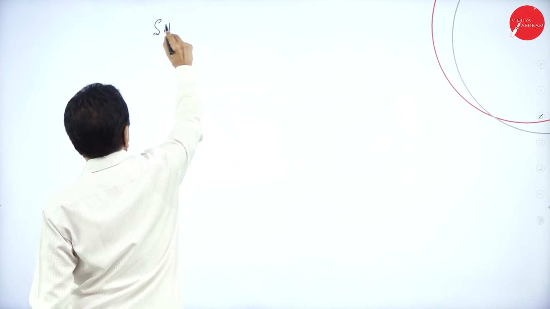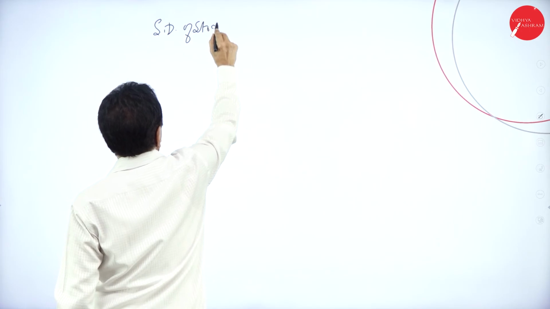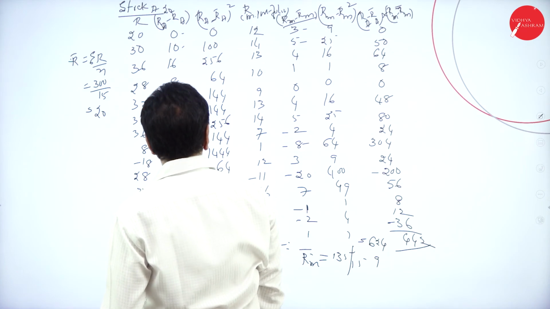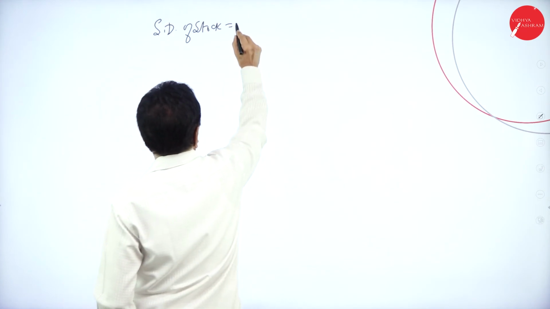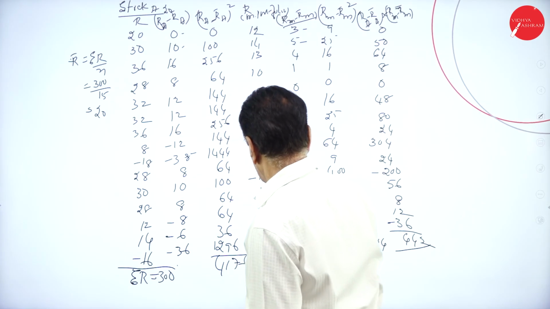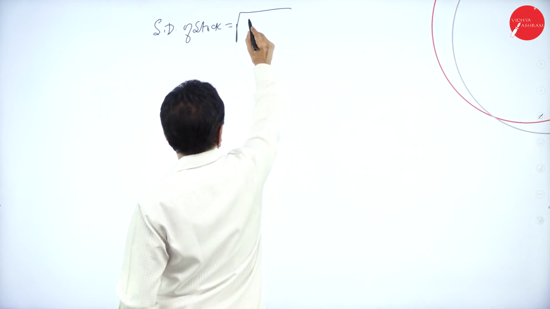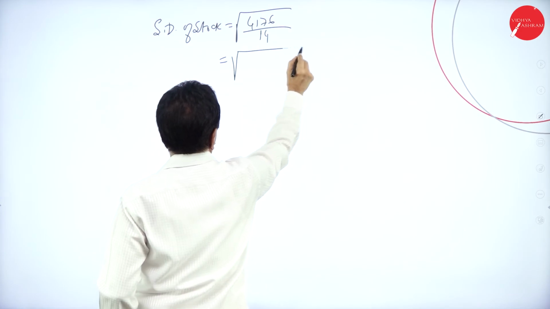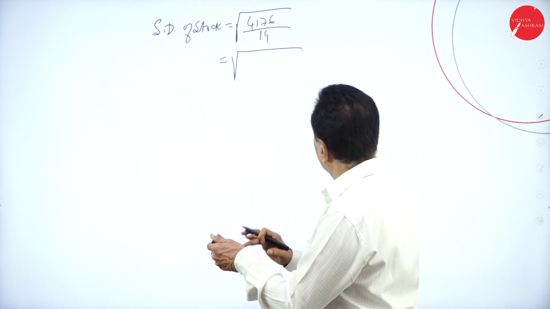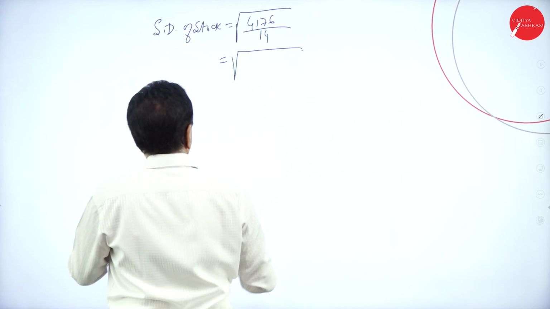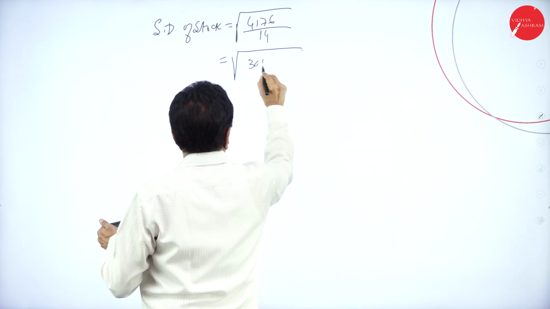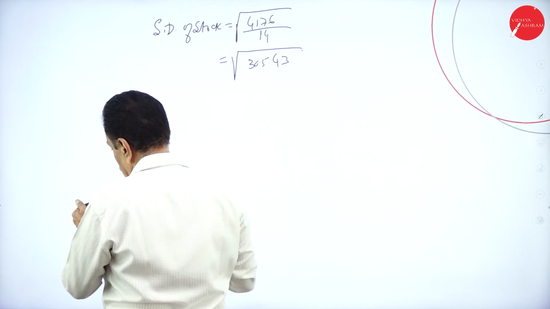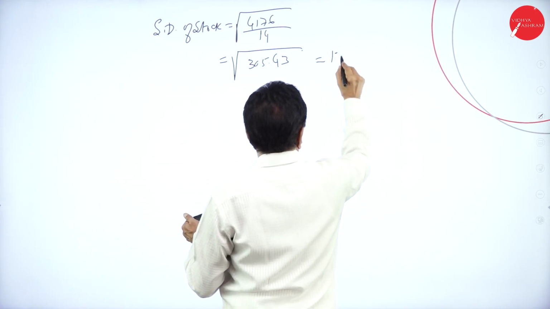Standard deviation of stock A is the root of the sum of RA minus R mean A squared, 4176, divided by 14, which is 305.42. Root of this is 17.48%.